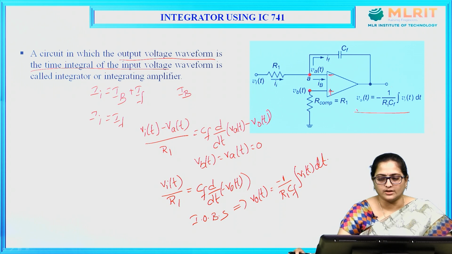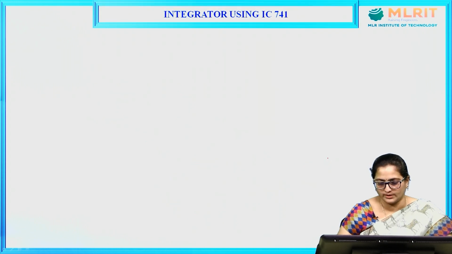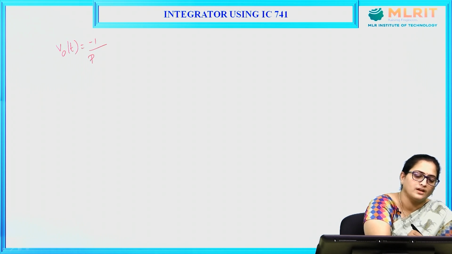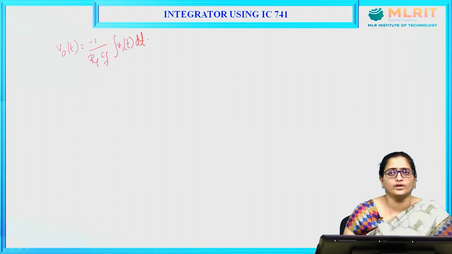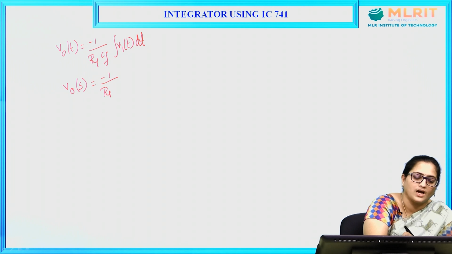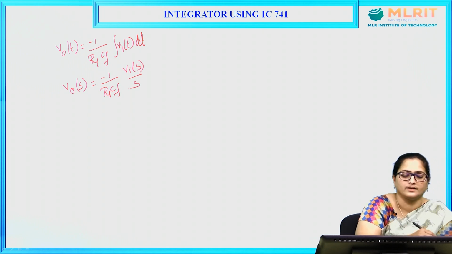So finally, you get the expression for the output of an integrator as V0 of t equals minus 1 by R1 CF integral of Vi of t dt. If you write this expression in the frequency domain by applying a Laplace transformation, V0 of s equals minus 1 by R1 CF, and the integral of Vi of t can be given as Vi of s divided by s.